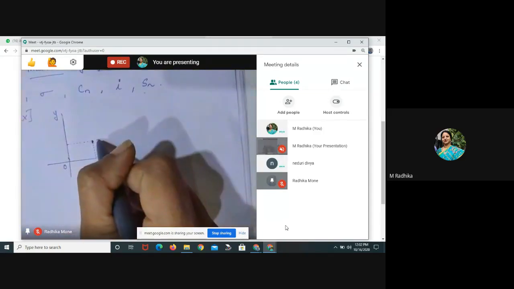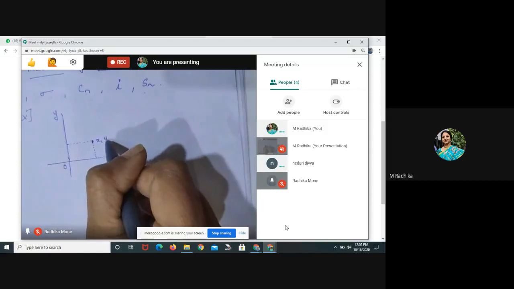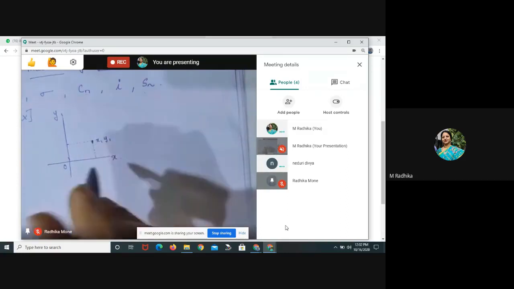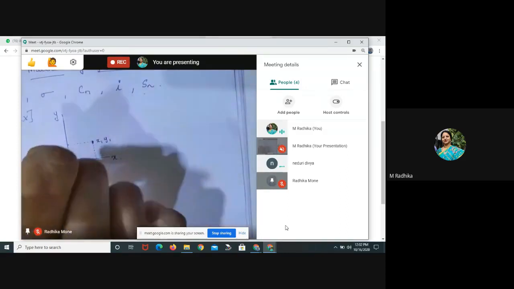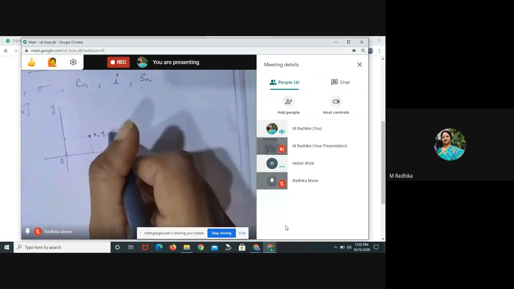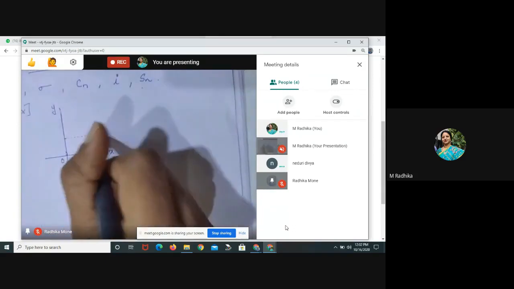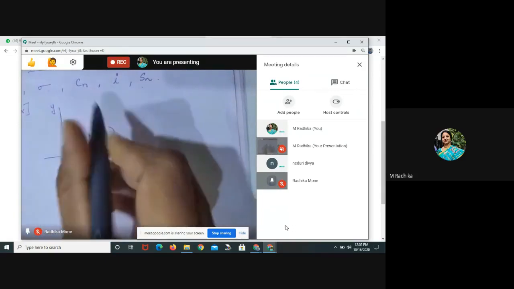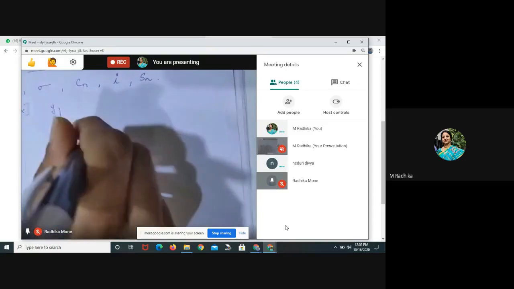Its coordinates are x1 and y1. If I take this as the z-axis passing through the origin, it will have x1, y1 and z1. So these are the coordinates of that particular point.